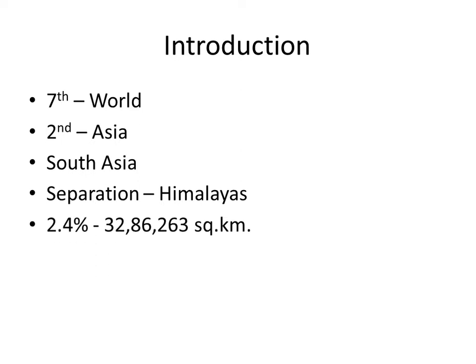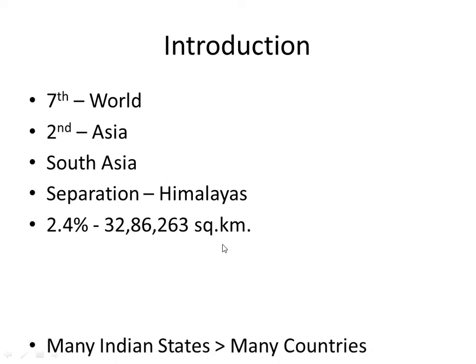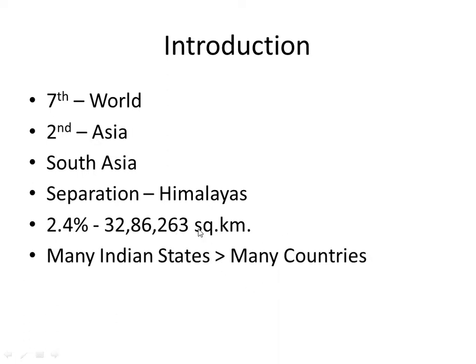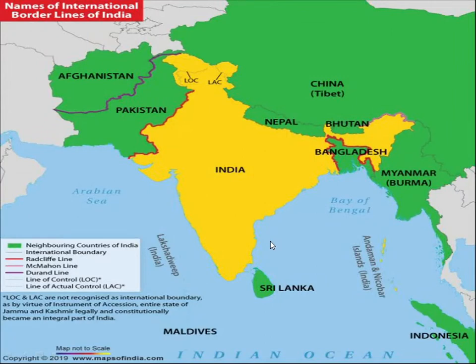The Indian landmass constitutes 2.4% of the world's area, and accounts for almost 32 lakh square kilometer. You see this number, 32 lakh 86,263 square kilometer. Many Indian states are bigger than many countries. This was the brief overview about the size and location of India.